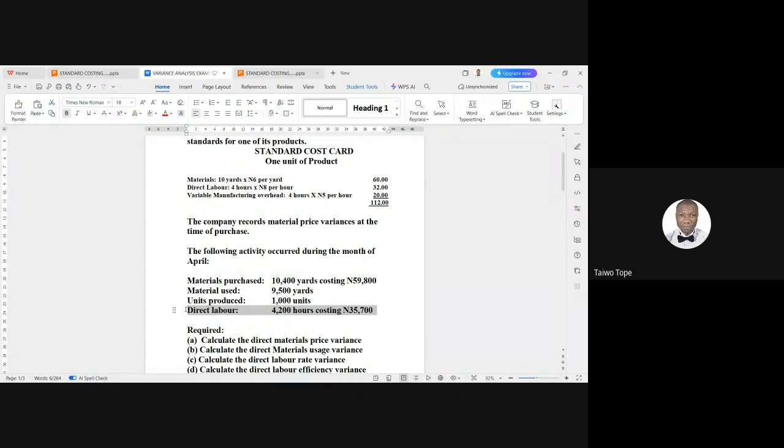If we used 4,200 hours and we incurred 35,700 naira, what would be the cost of 1 hour? 8.5. That is 35,700 naira divided by 4,200 hours, which gives the labor rate for 1 hour.